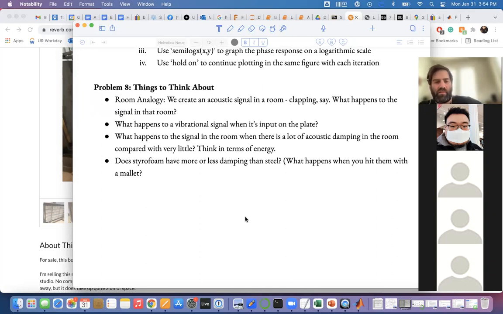What happens to the signal in the room when there is a lot of acoustic damping in the room? So think like a vocal booth, right? If you're an audio nerd, what happens to the amplitude of those waves in a highly damped room with a bunch of foam in it compared to a reverb chamber that's made of concrete or tile or something?